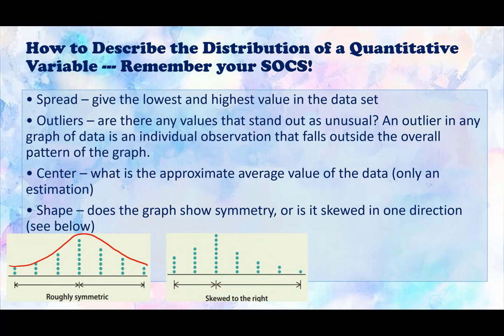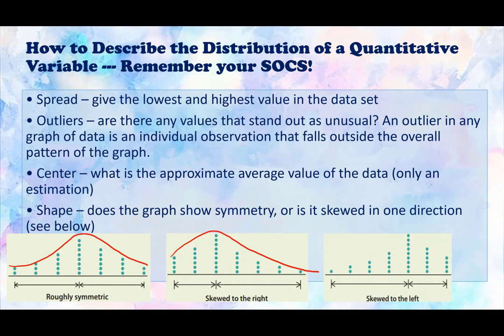Then we also have skewed to the right. It comes up over here, and then this tail drags off towards the right. And then we have skewed to the left, where it comes up over here, and the tail skews off to the left. I always remember whether it's skewed to the right or left depending on where the tail is.